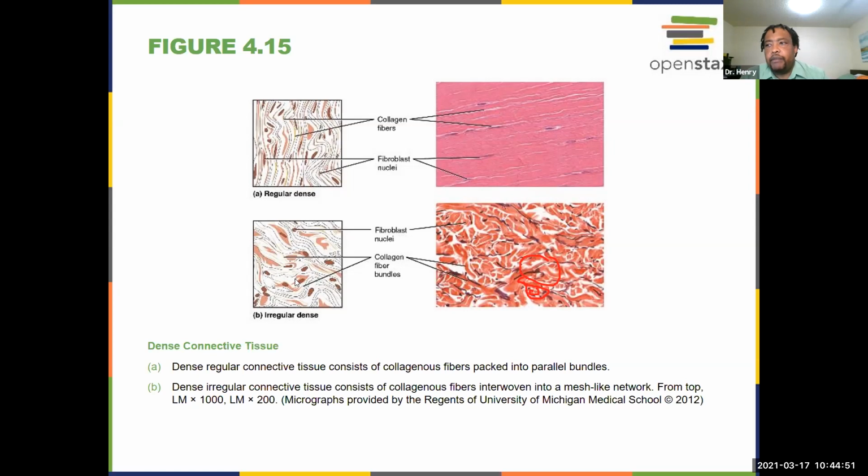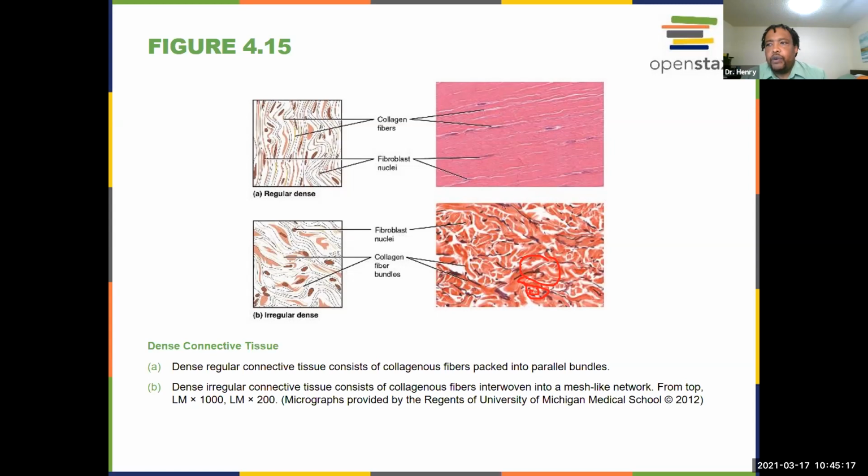These are also fibroblasts, but look how smooth and organized these are in terms of their density, whereas here you don't have those nice, smooth, nicely oriented fibers, so they're considered irregular in that context.